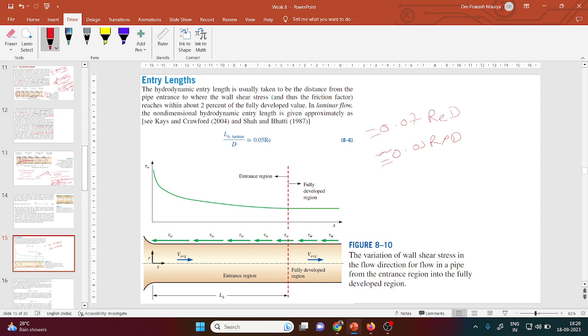But if you are going to solve any problem, you will get your answer in the range, not an exact answer. You must remember this. Some researcher is giving this, but this actual data is given by these researchers in 2004, and Sa and Bhati in 1987.